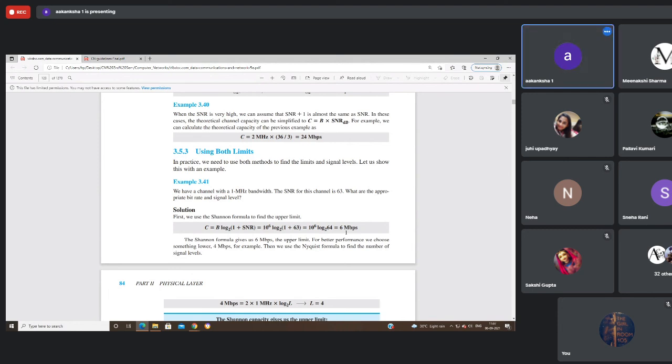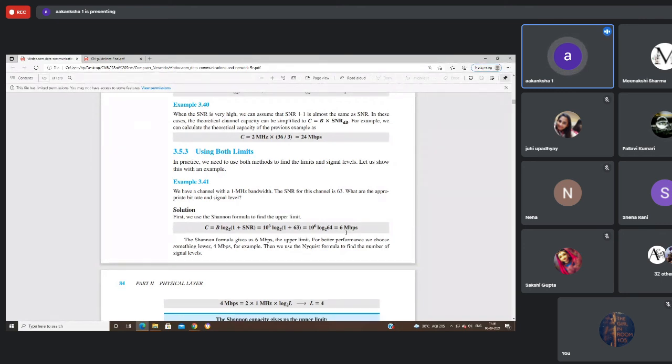Shouldn't it be 7? No, it should be 6. For 7, it should be 128. Log 2 of 64 is 6. Why? Because 2 raised to power 6 is 64. 2, 4, 8, 16, 32, 64.